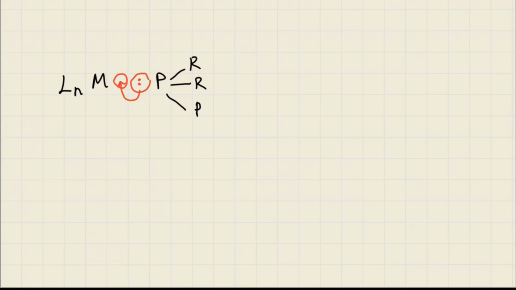It can donate the electrons. But if there is a LUMO level which is available for the metal center, the metal can donate its electrons to the phosphine ligands. And again, this is pi-backdonation.